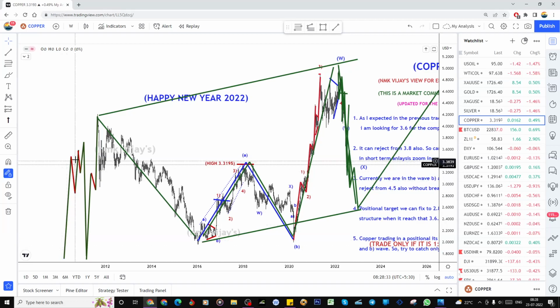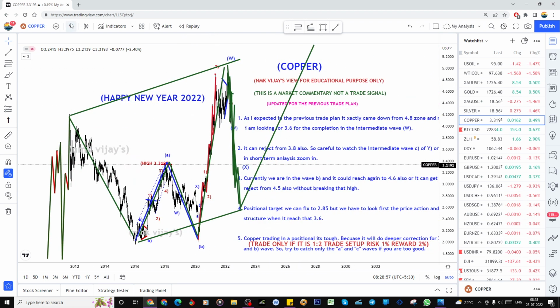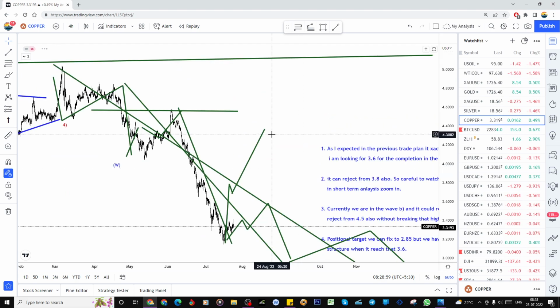So this is the previous data structure. I copied that and drew it here. So this is the one W. So A, B, C, here it's one A, B, and C. So this is the W, this is the X, and one more ABC to break this previous high also, but later onwards, once this five-wave structure is completed here.